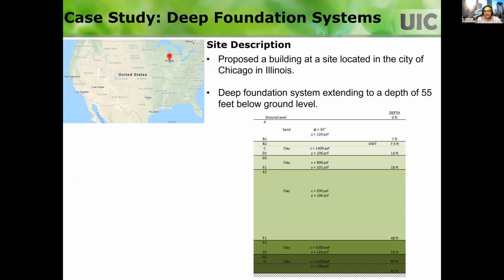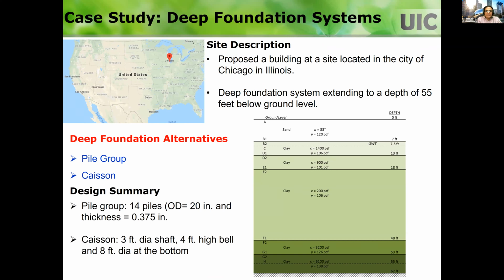You have done site characterization, the soil profile, soil properties. And you have two types of deep foundations, pile groups or caissons, or drilled shafts. Those are the two common types of foundations for high-rise buildings, tall buildings in Chicago. And in our foundation design courses, we teach how to design pile groups and caissons or drilled shafts. And you can design that one.